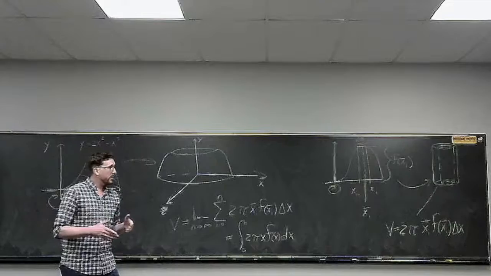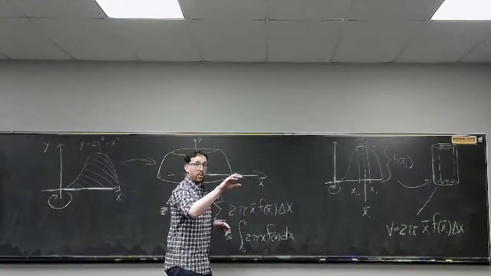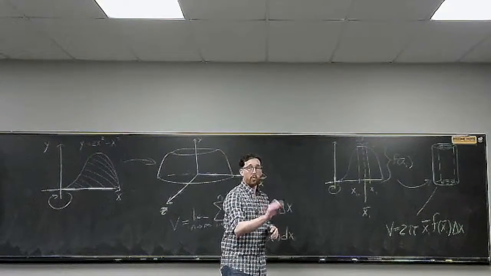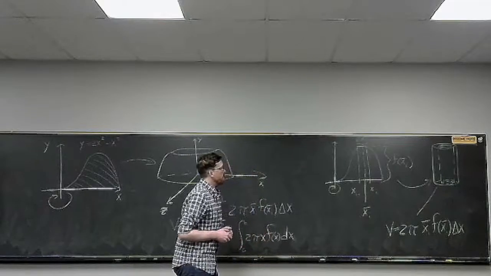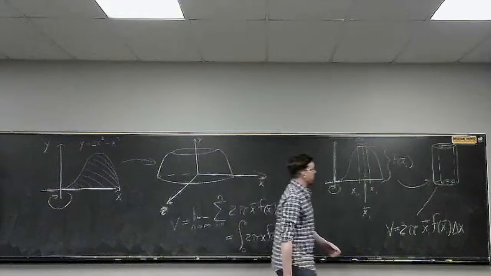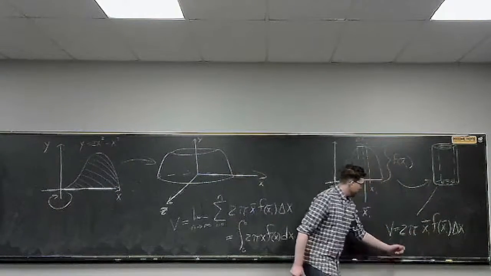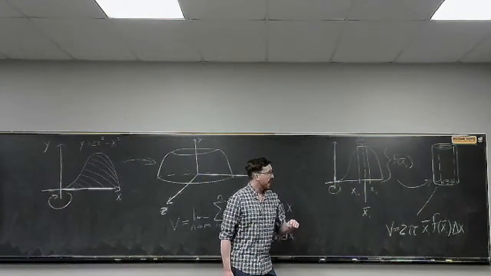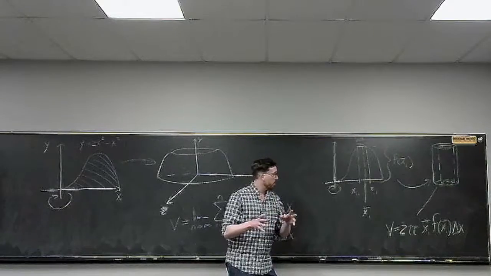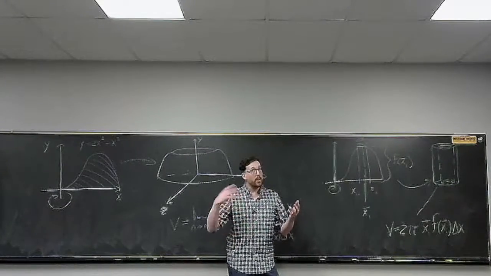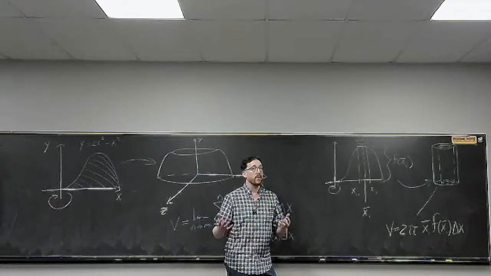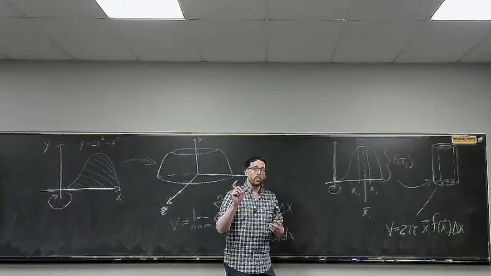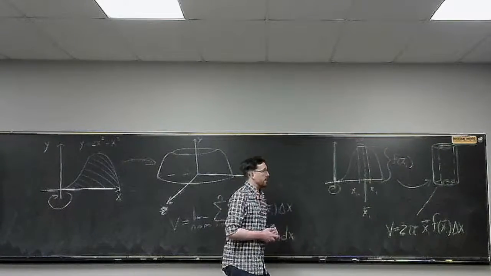And for reasons that I explain really deeply in the lecture notes, the volume of the cylinder comes out to be equal to 2 pi times that x bar i value times your function evaluated at that x bar i value times the width of those rectangles.